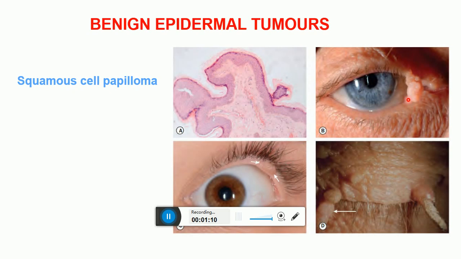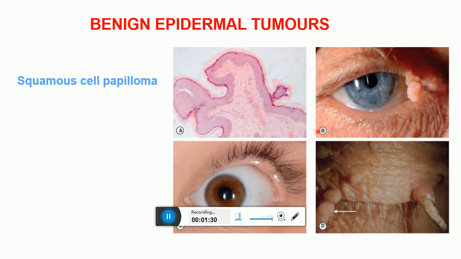And there is a range of clinical appearance, including narrow-based pedunculated or skin tag. Here you can see pedunculated skin tag.